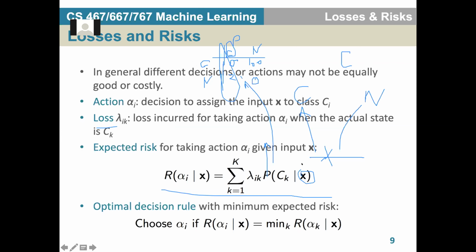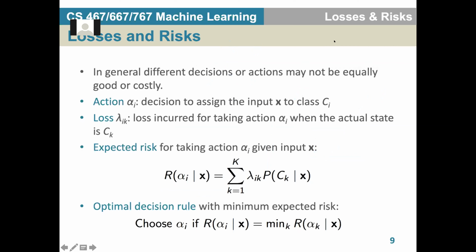Professor, my general intuition is that we want to reduce the expected risk because it will make our model more optimal. Yeah, it's a balance issue. For example, if you have some critical action, you think this person is not COVID-19, but he has COVID-19, you give a high risk, high loss.